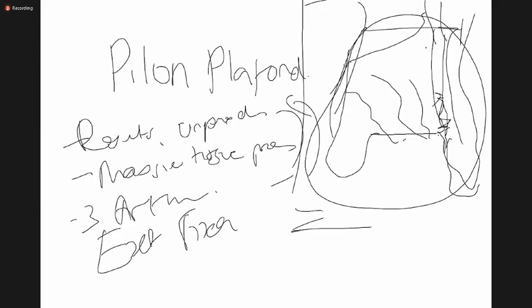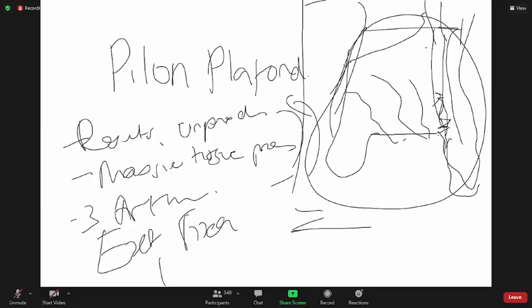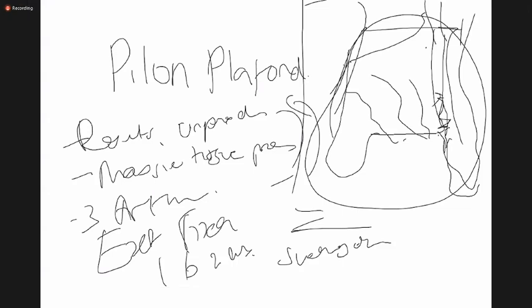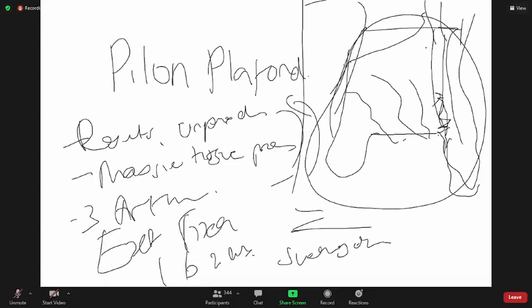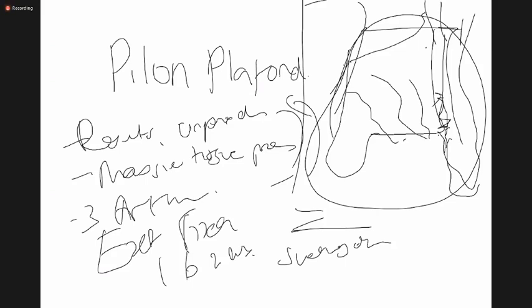Then you wait for about a week to 2 weeks for the swelling to go down. And then you can go ahead and do the fixation, which is above your pay grade. You will refer to an orthopedic surgeon who will do the fixation. So that in a nutshell is pylon fractures.